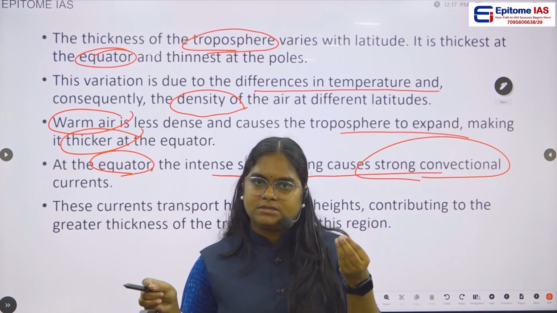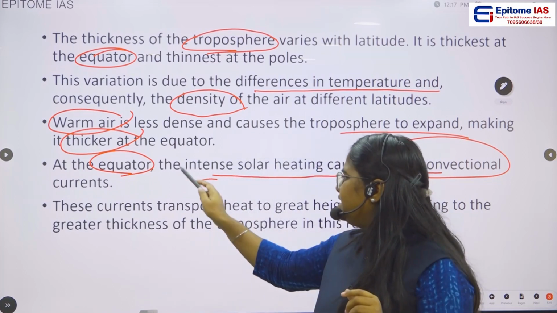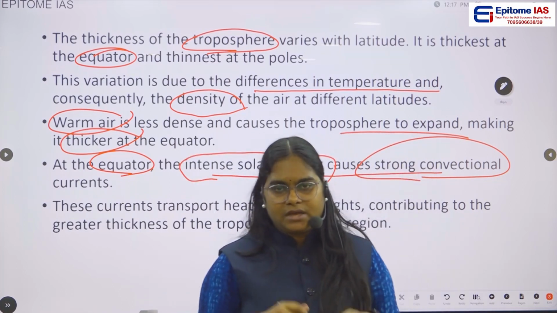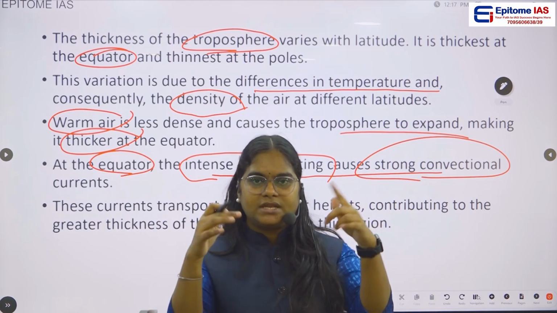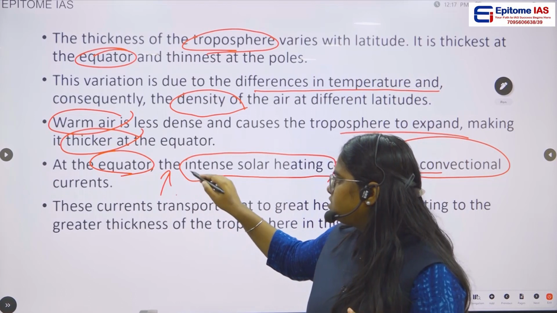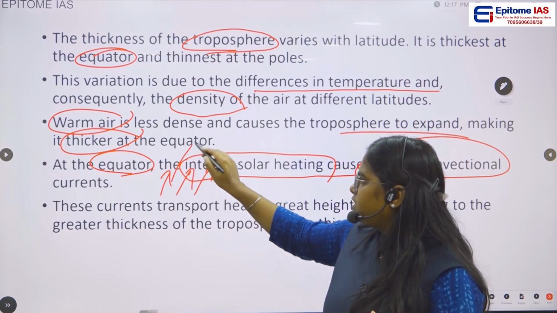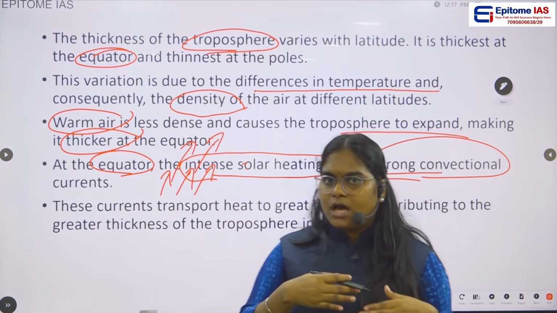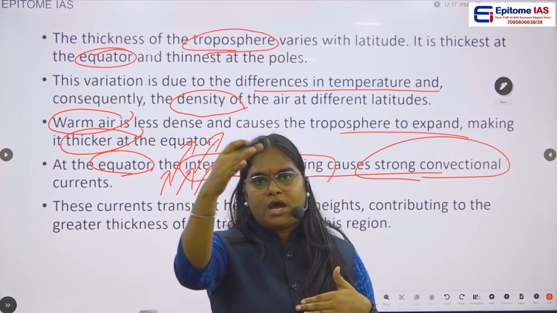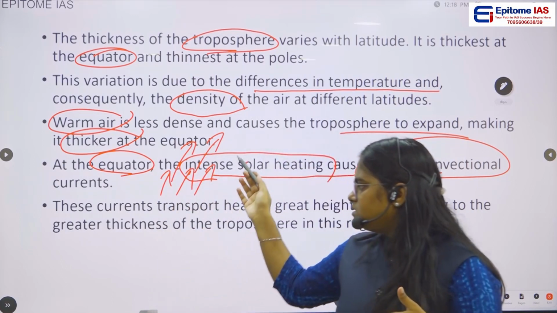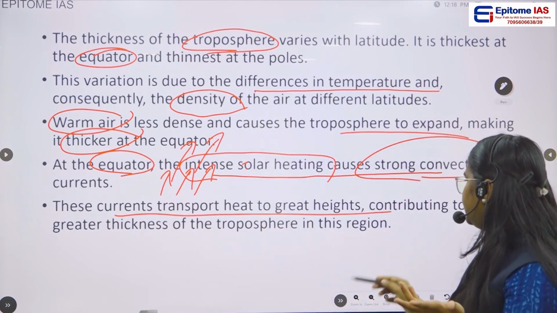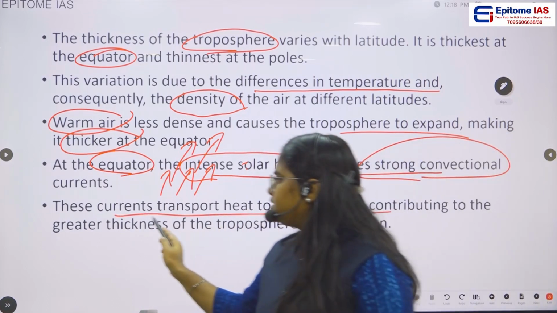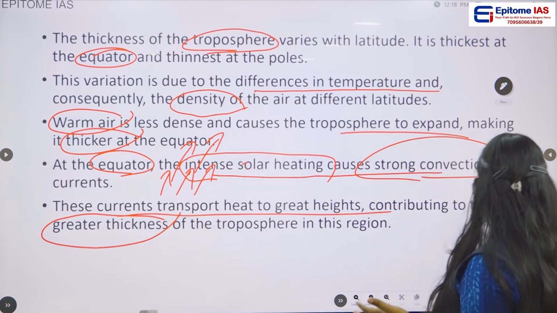The second reason is that intense heating in the equatorial region forms strong convectional currents, and they are so strong that they are capable of reaching more height. These currents transport the heat to great heights, contributing to the greater thickness of the troposphere.